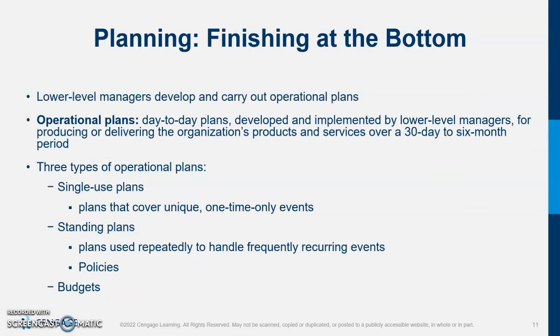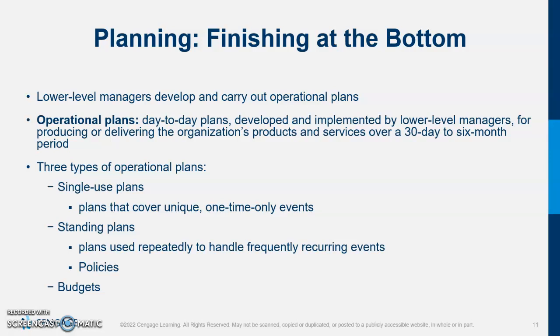And then lower level managers or first line managers develop and carry out operational plans, which are day-to-day plans developed by lower managers for producing and delivering products and services over a 30-day to 6-month, maybe 1-year period. Really those very short-term goals. And so they have single-use plans that cover unique one-time only events. So maybe if you're a grocery store, you have a truckload sale coming up.